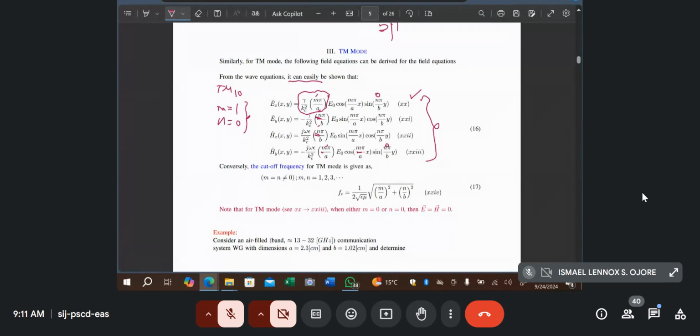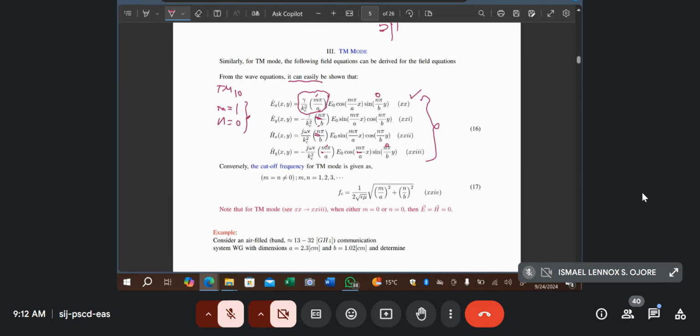Again, Hy vanishes. So here we already see that we can't have a mode TM10. We had the mode TE10, which is actually the dominant mode, but the TM10 does not exist.